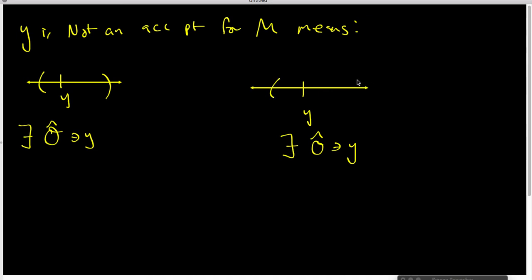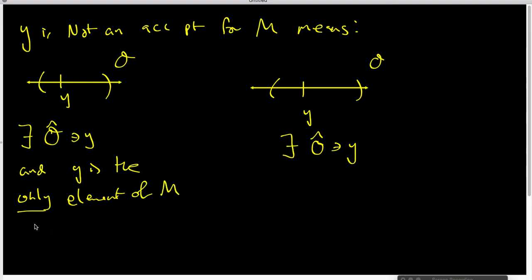So over here is my O hat. And over here, we're going to say, and y is the only element of M that belongs to the open interval O. So in other words, this is the only guy inside M. So what does that mean? That means there are no elements of M in either of those two intervals.